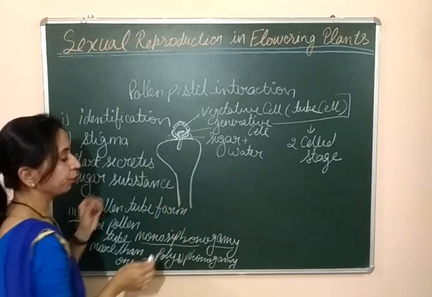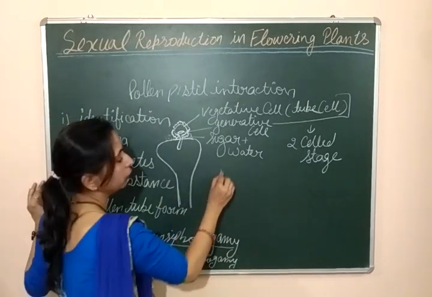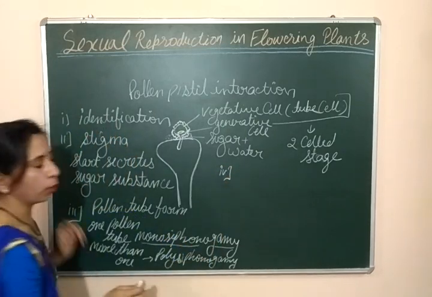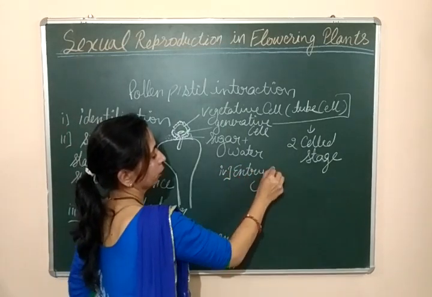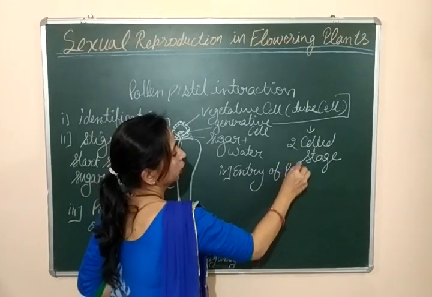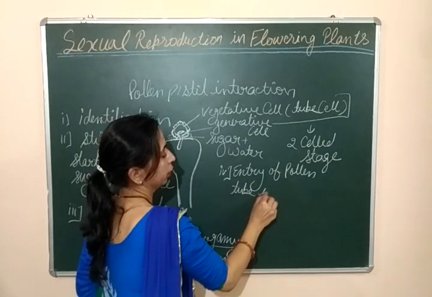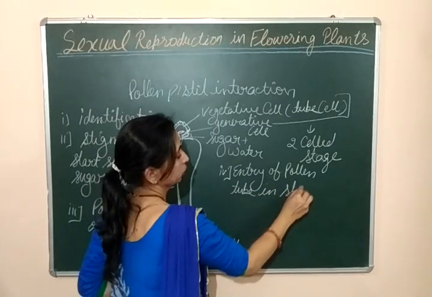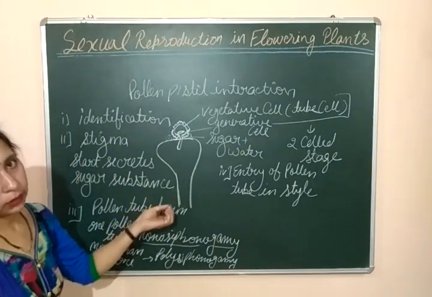This is the style. Now we discussed the three points. The fourth point will be entry of pollen tube in style. Now, the pollen tube will start moving inside the style.